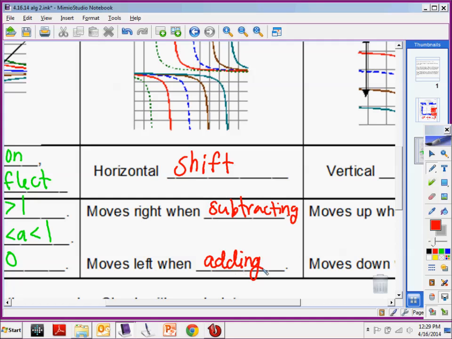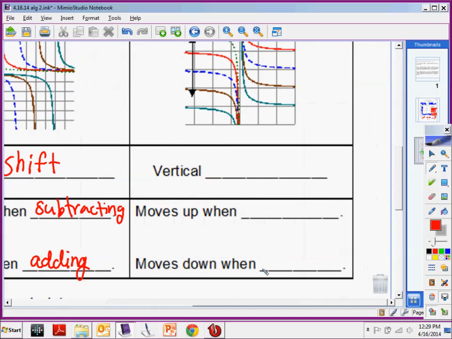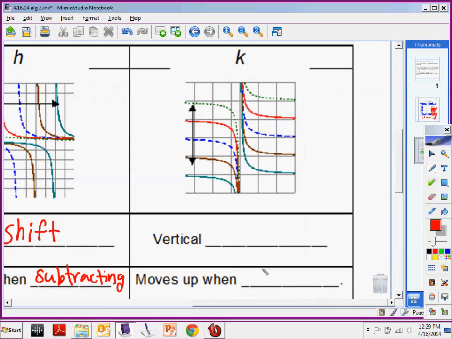Look at that recall from last semester. When we first started doing this, I did not understand this. Now it's easy.